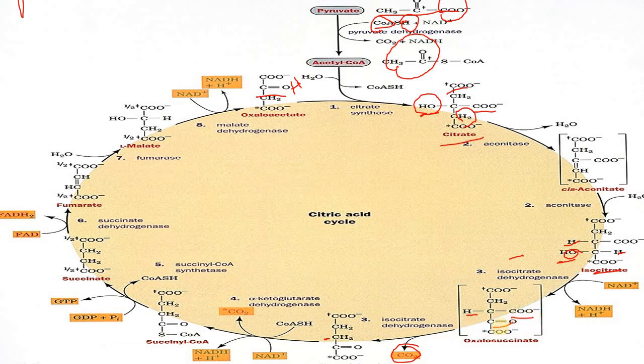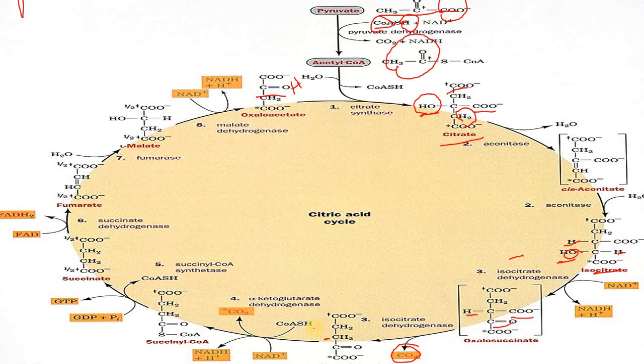So you have C double bond O and COO minus, and this compound is called alpha-ketoglutarate, and this is a very important intermediate. It is going to serve as a building block for an amino acid like glutamate.